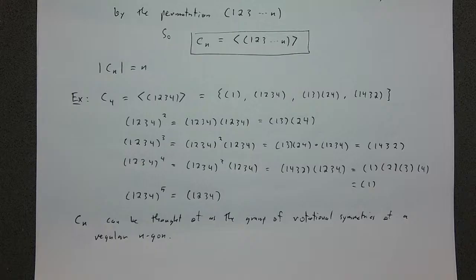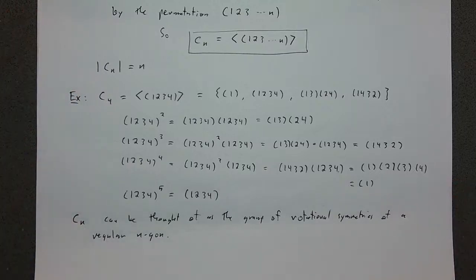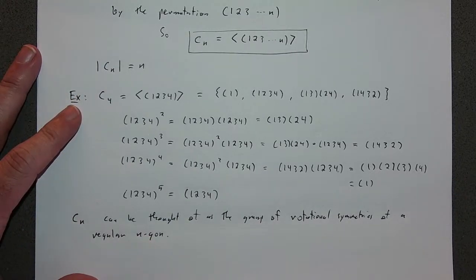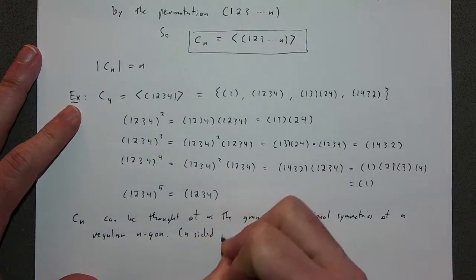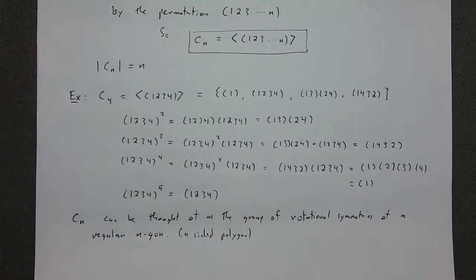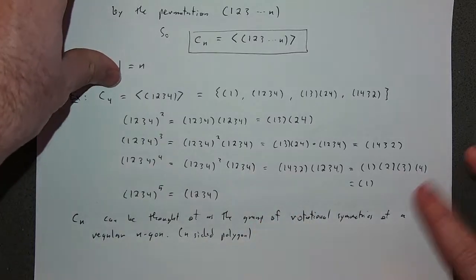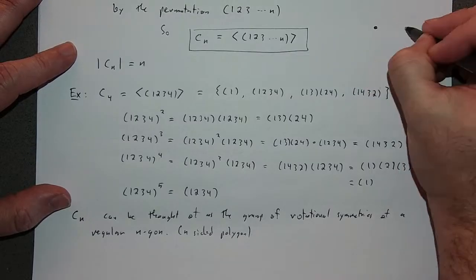An n-gon, of course, is an n-sided polygon, right? So to see this, I'm just going to draw the picture here.